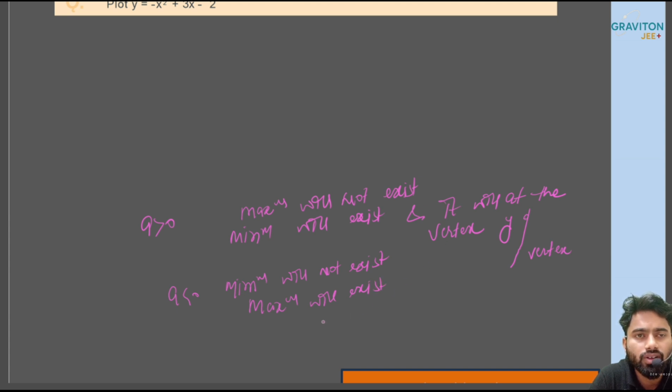And what will the maximum value be? The y value at the vertex. Basically, in this type of case, you saw the parabola facing upward, and in this type, you saw the parabola facing downward. So in this case minima will be attained here, and in this case maxima will be attained here. And if you talk about the maximum value in this type, it will go upward, so it reaches infinity and maxima will not exist.